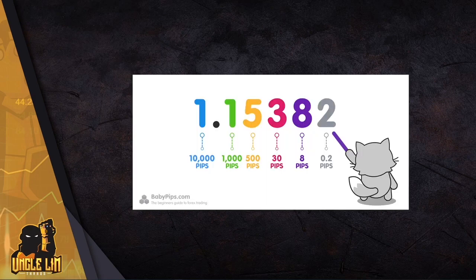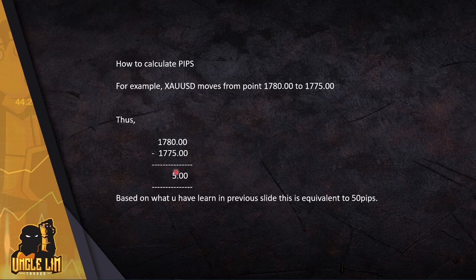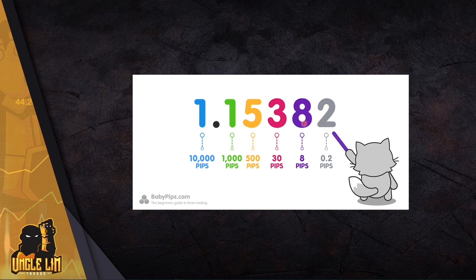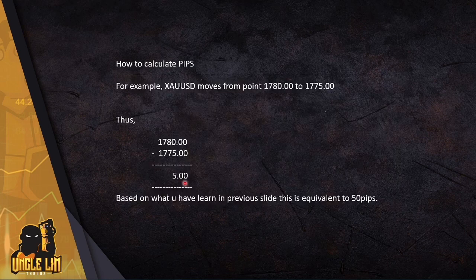Based on what you have learned in the previous slide, point of pips, pips, tenth of pips, this is the tenth of pips. So this is number 5, which means 50 pips.